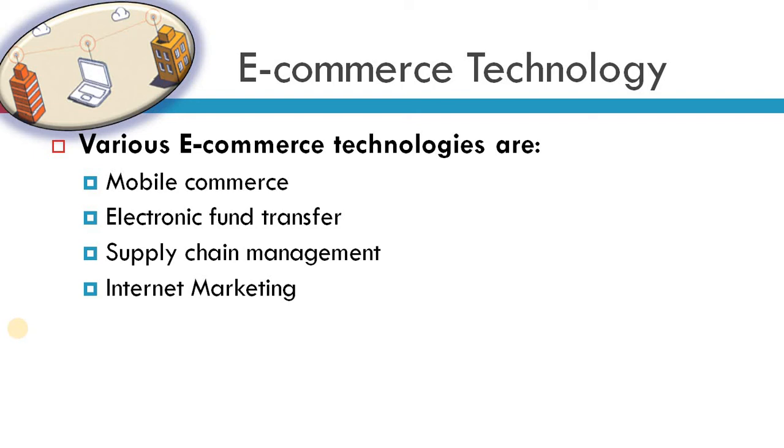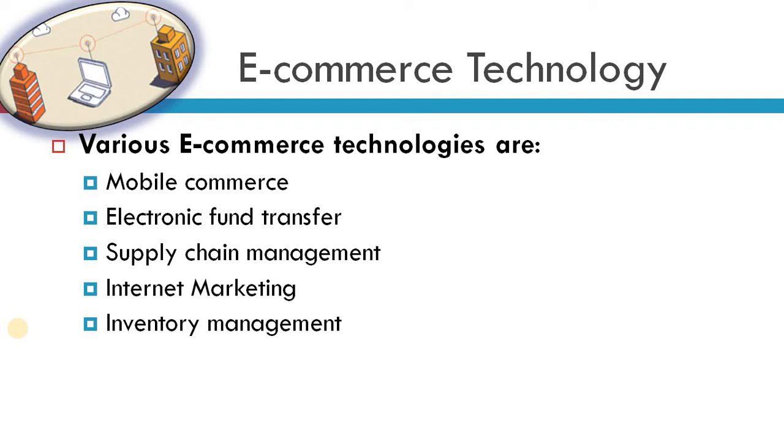Internet marketing. Now on the internet, many times you must have seen ads that are flashing. Okay, so this is one of the e-commerce technologies which is being used. Next, inventory management. Using e-commerce only, many of the websites are managing the inventory. Inventory means the goods which are managed over there.